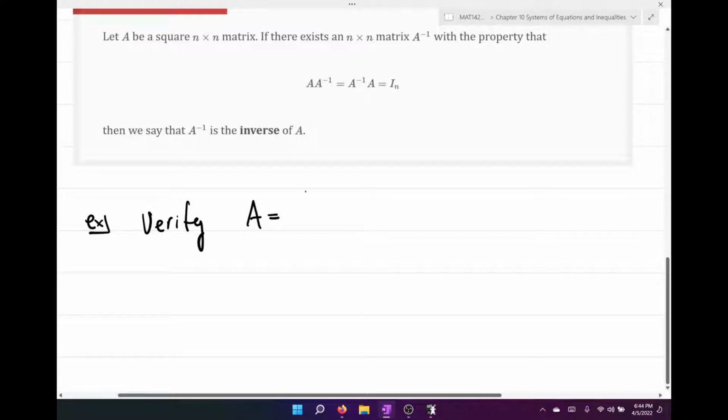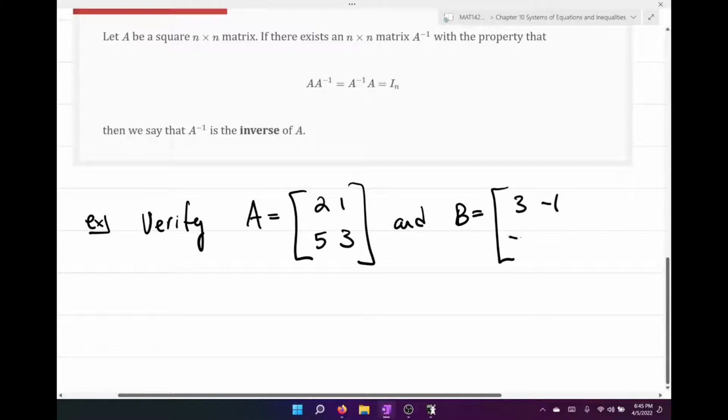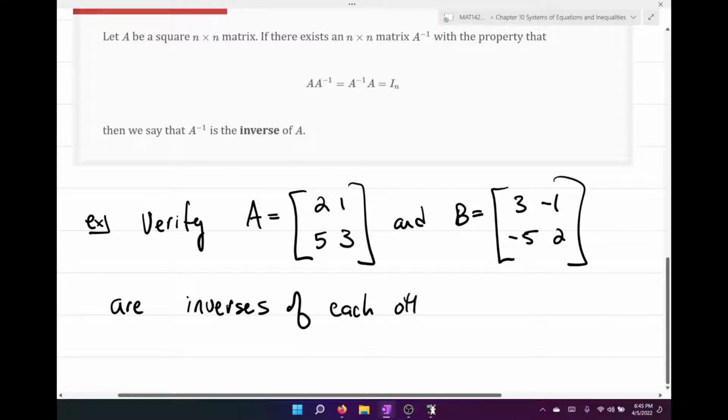So we're going to verify that A equals [[2, 1], [5, 3]] and B, which equals [[3, -1], [-5, 2]], are in fact inverses of each other. Okay?